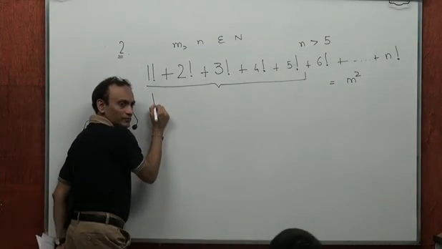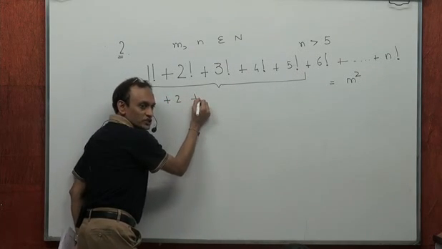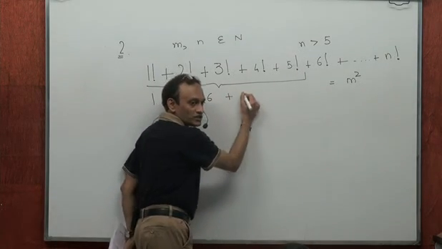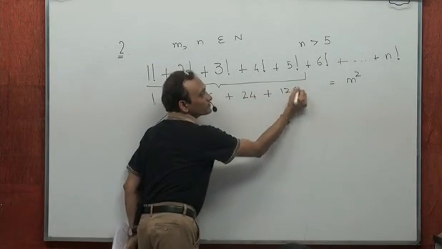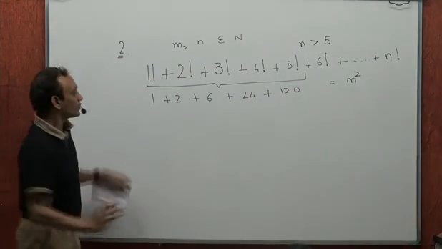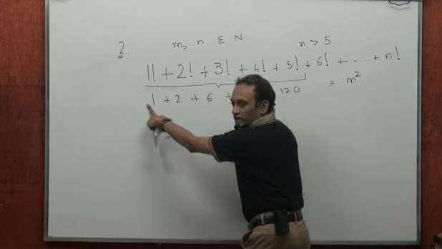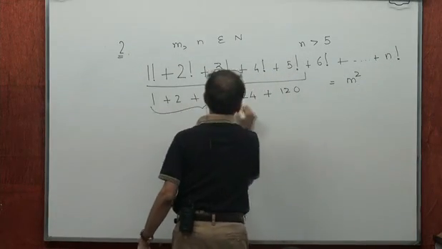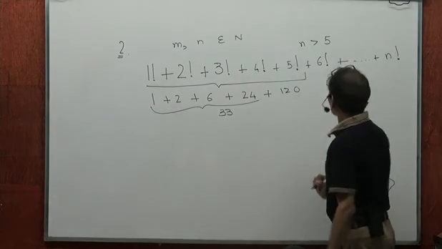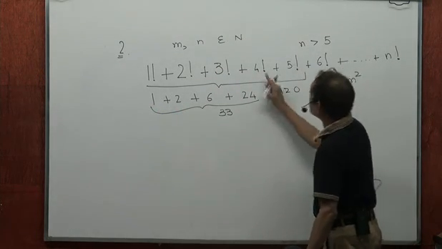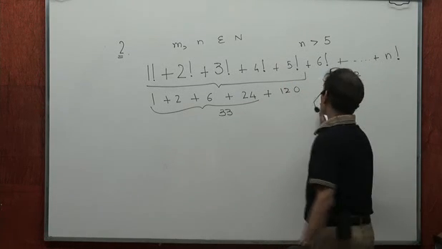1 factorial is 1, 2 factorial is 2, 3 factorial is 6, 4 factorial is 24, 5 factorial is 120, this much for sure. Yes or no? Terms before 120: this is 30 and 3, 33. Yes or no? Now, up to 4 factorial, what's the units digit? 3.